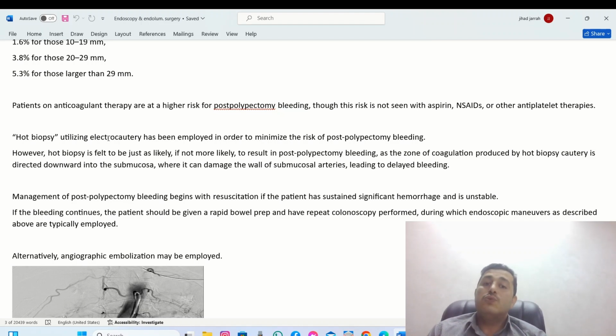They thought that hot biopsy would control post-polypectomy bleeding, but that was not correct, because hot biopsy is associated with delayed bleeding due to a burn that can ultimately progress to full thickness and reach the submucosal artery, which will present as delayed bleeding. So hot biopsy is generally not recommended. We will discuss it in detail in the endoluminal surgery lecture.